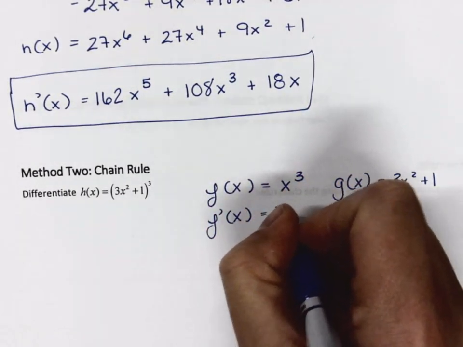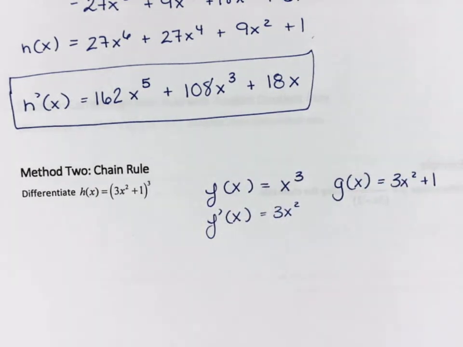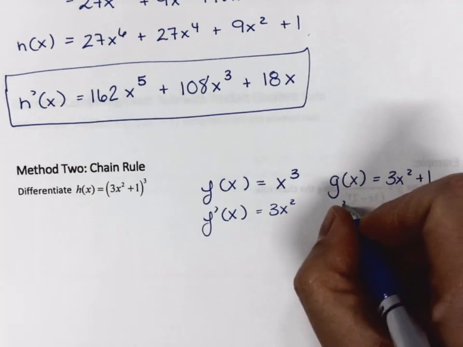Now we're going to do the derivative of f, so that's going to be 3x squared. And we're going to do the derivative of g.